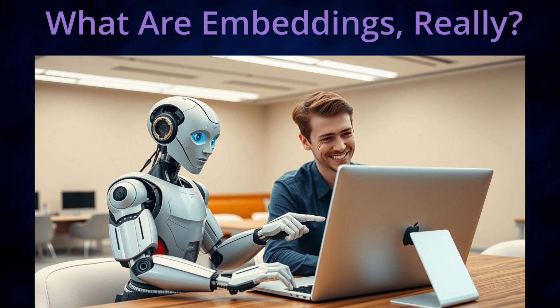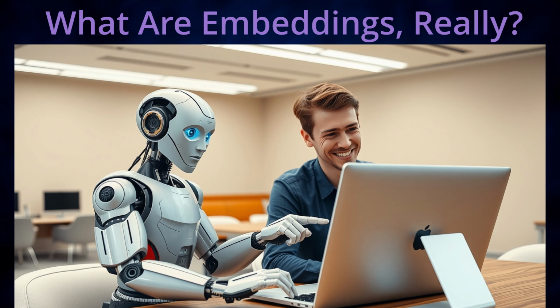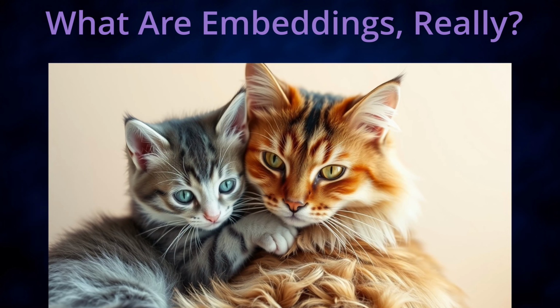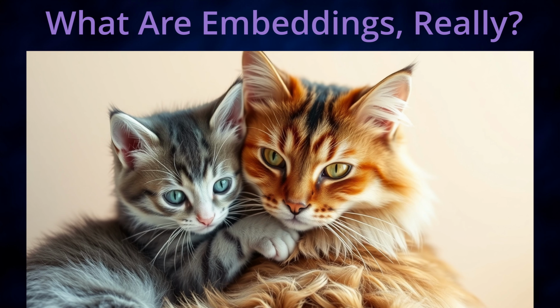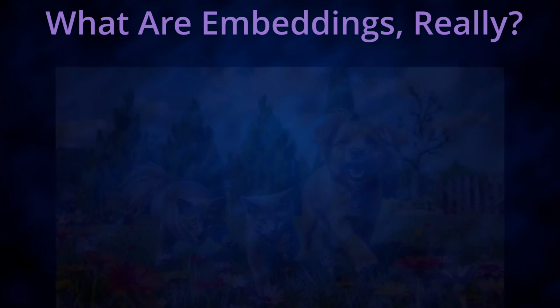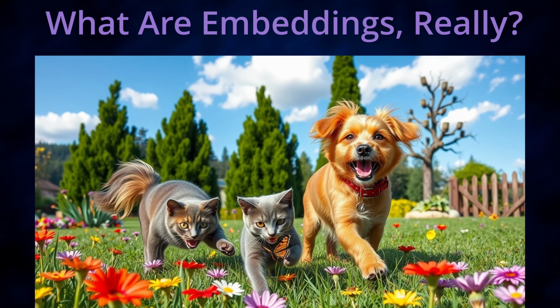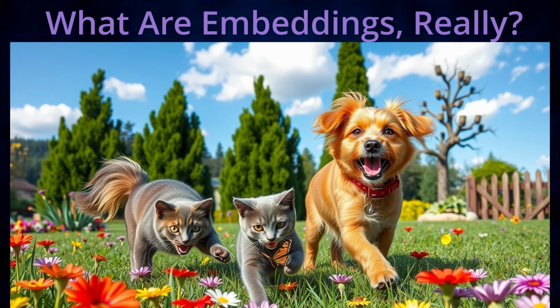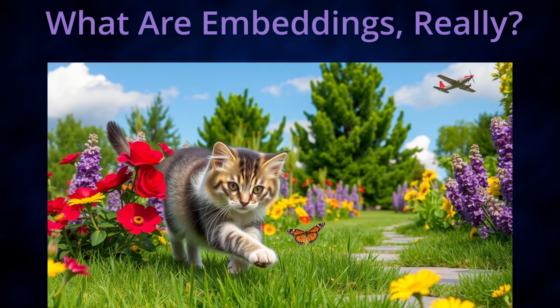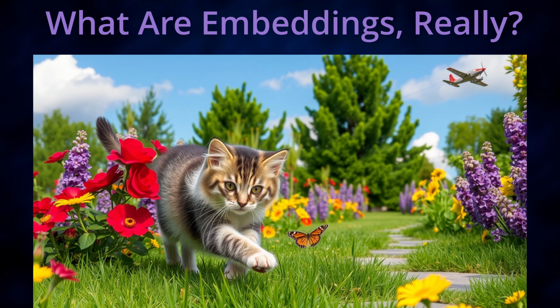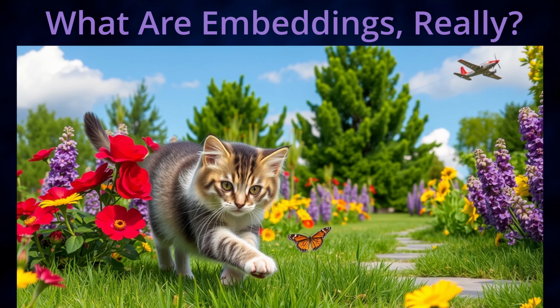Why? Because in math space, meaning becomes measurable. Cat and kitten live close together. Cat and dog are nearby, but not identical. Cat and airplane are miles apart. And that's the magic. Distance becomes meaning.